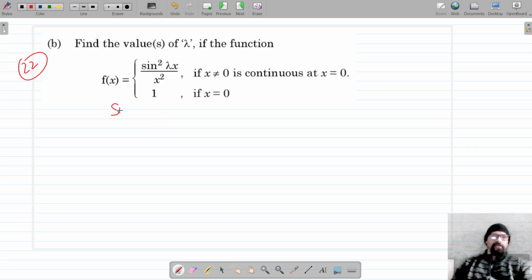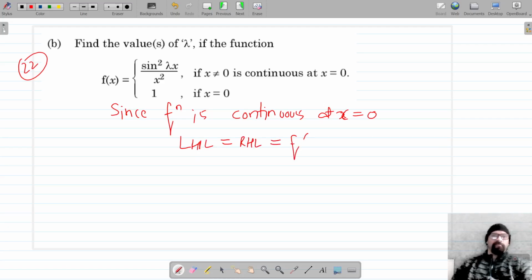So we can say that since the function is continuous at x is equal to 0, the left hand limit should be equal to the right hand limit, which should be equal to the value of the function at 0, and the value of the function at 0 is equal to 1. So these will be equal.